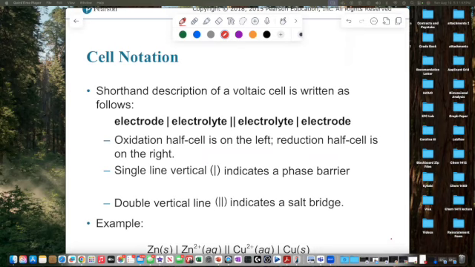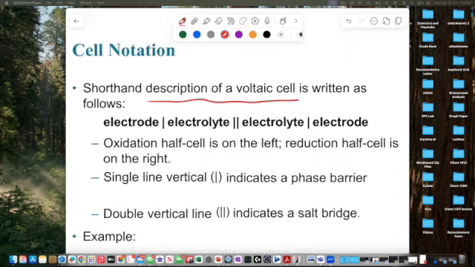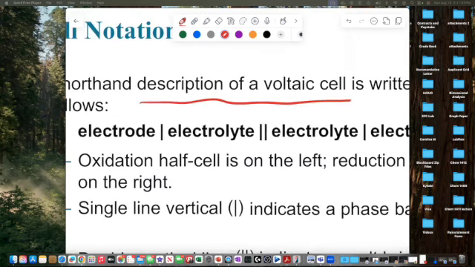What I like about the shorthand notation is it describes the voltaic cell and it's written using the following format. You tend to write the solid electrode first. It doesn't always have to be a solid, but most of the time it is, unless it's some kind of gas, and they'll tell you that. And then you have the electrolyte, usually an aqueous solution, related to the electrode.